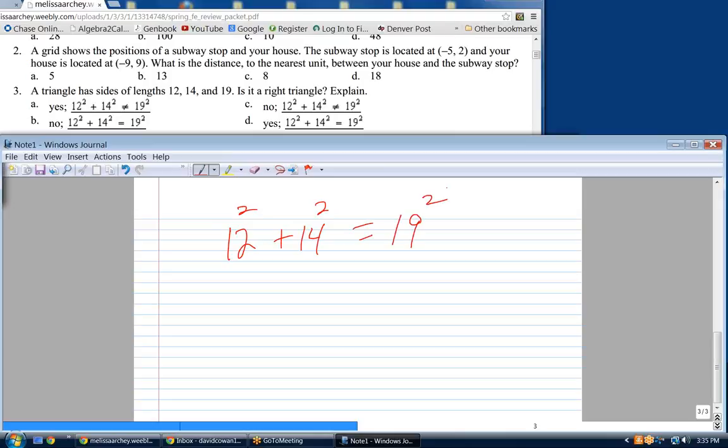If it is, you have a right triangle. If it is not, you do not. So, is it or not? No, it is not. Okay, that's all the further we need to go. If it's not, then it's C. The answer is no, because 12 squared plus 14 squared is not equal to 19 squared.